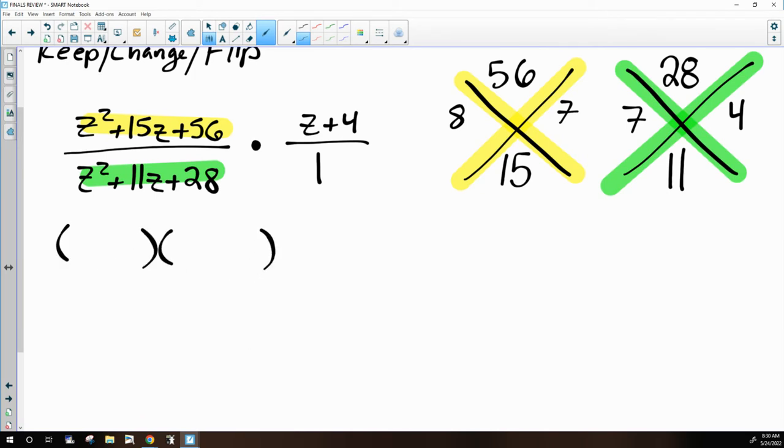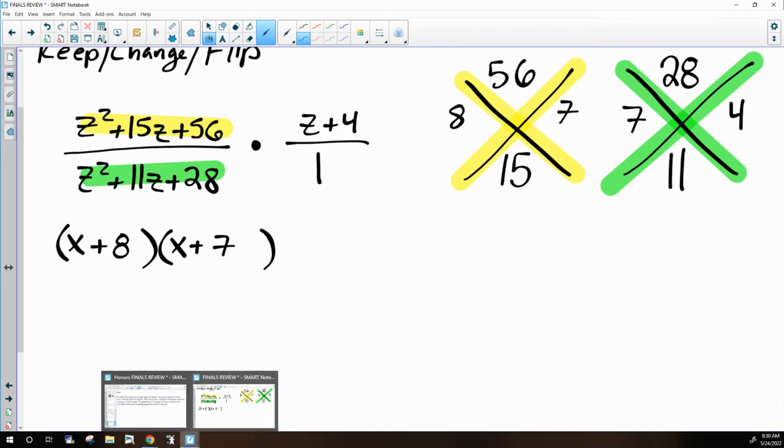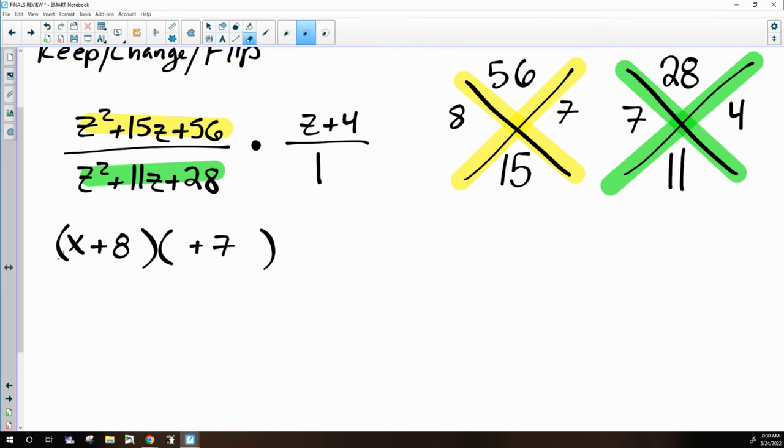This 8 is going to become z plus 8, and the 7 will give us z plus 7. Good catch, I'm so used to X.